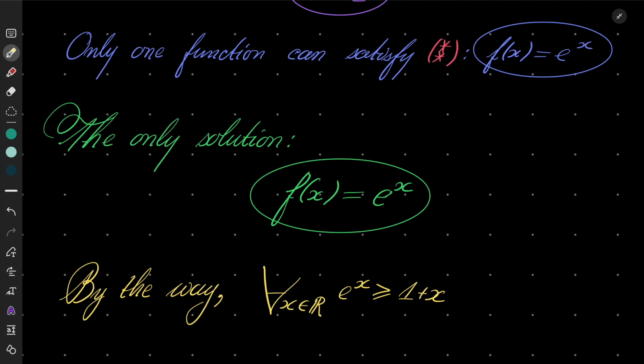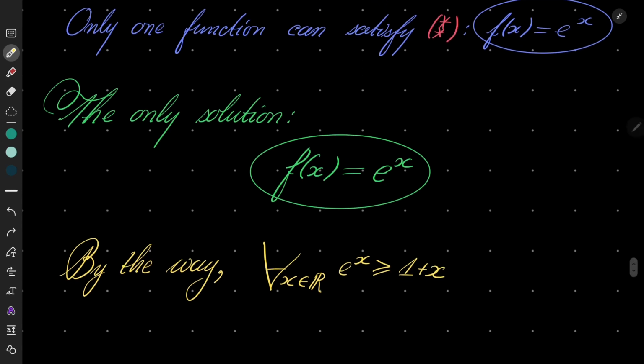It's the so-called Bernoulli's inequality. So we have just demonstrated that among exponential functions, only one function satisfies this type of inequality, namely e to the power of x. For example, 2 to the power of x fails to satisfy this inequality at some real x.